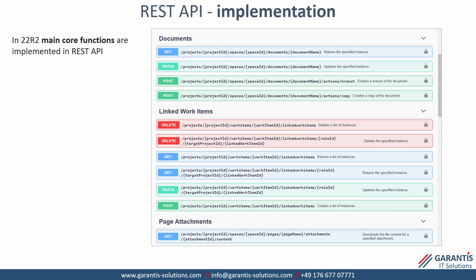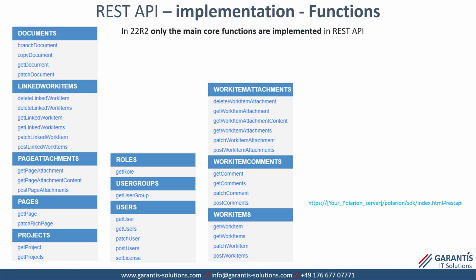So this is a colorful list of functions for documents, for linked work items, for the page attachments, and these are all the functions which are available at the moment.